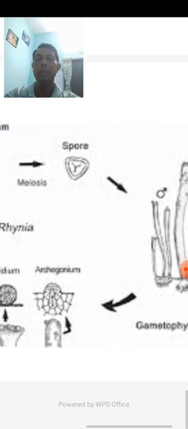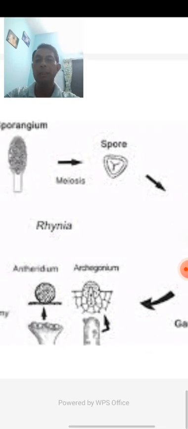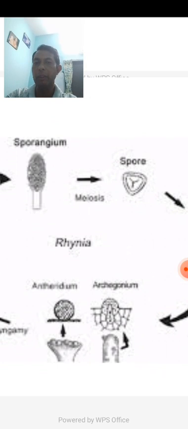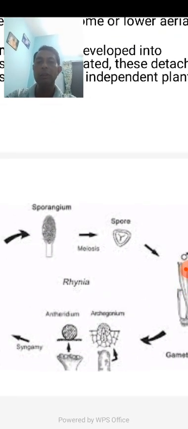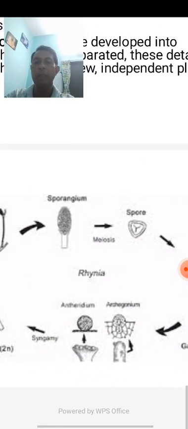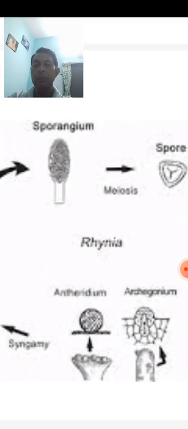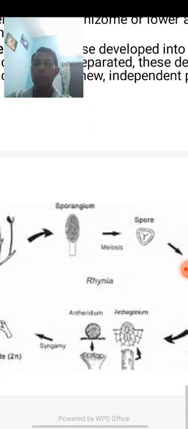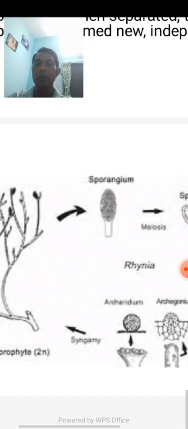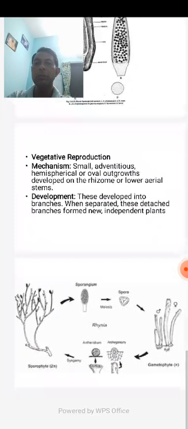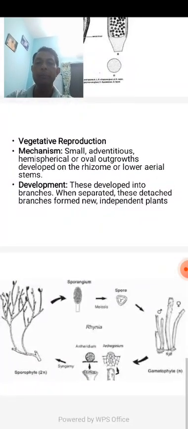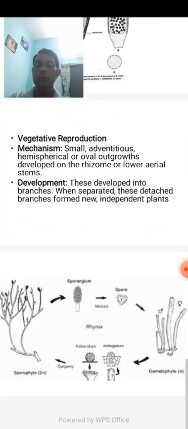These spores later produce male and female gametes, and gametophytic development takes place. Archegonium and antheridium develop on the mature plant, and further development gives rise to a mature plant again. So this is the very simple life cycle shown here in sexual reproduction.